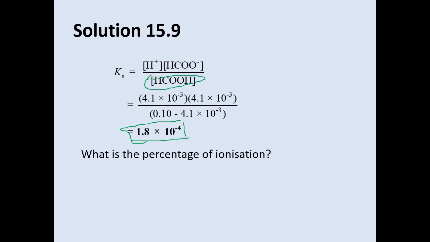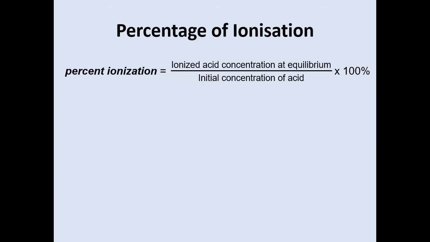If we have this value of Ka, and we know this is the concentration of hydrogen ion that was produced during the change, or at equilibrium, what will be the percent ionization of the solution? The percent ionization is the ionized acid concentration at equilibrium over the initial concentration of acid times 100%.